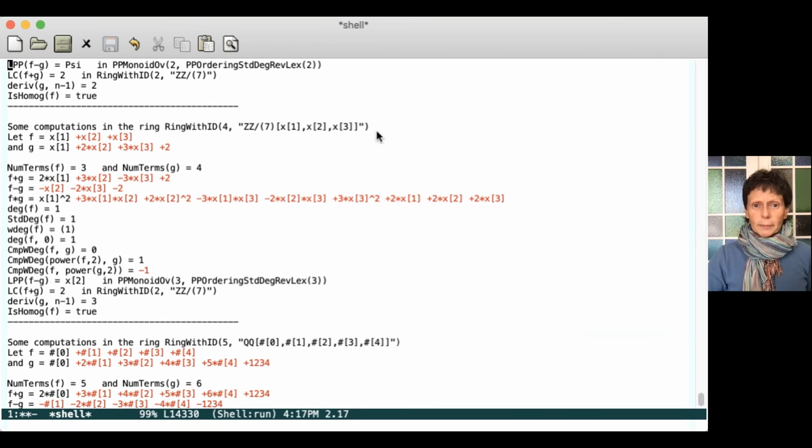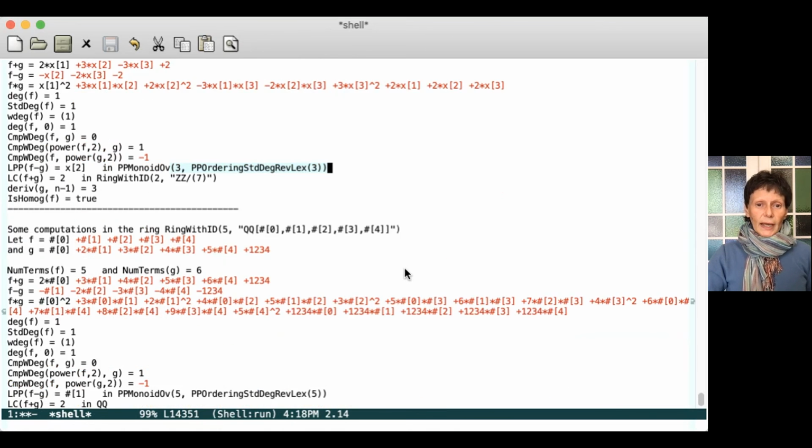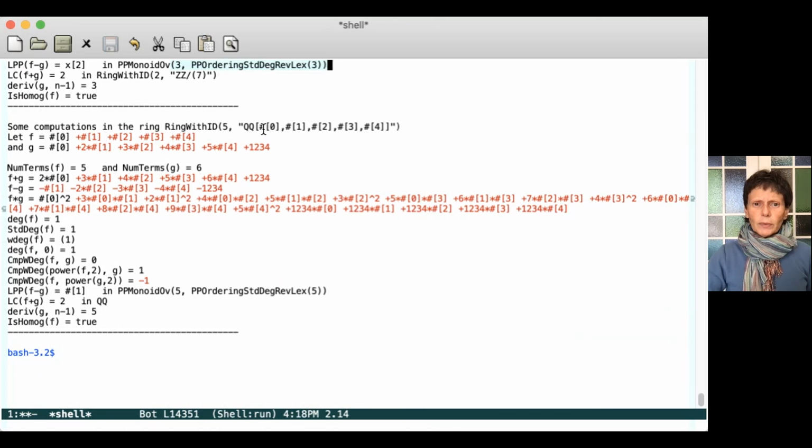We redo the same computations. Do you remember? This was the one with the indices in the indeterminates, and more or less it does the same thing. Here it shows you that the ordering is standard degrevlex with 3 indeterminates. And this is the last example with the new symbols, which means that they are anonymous.